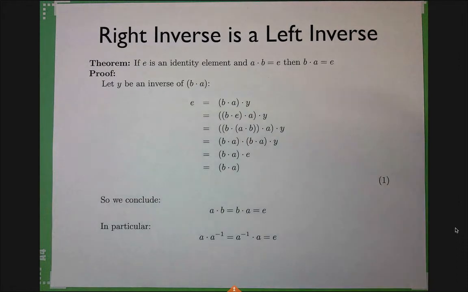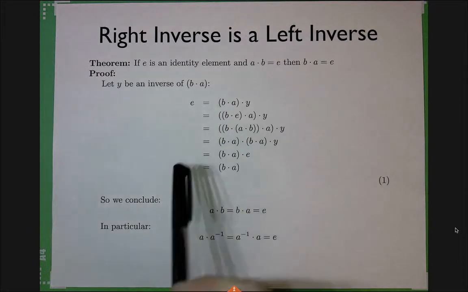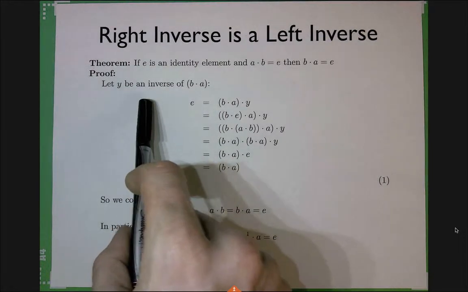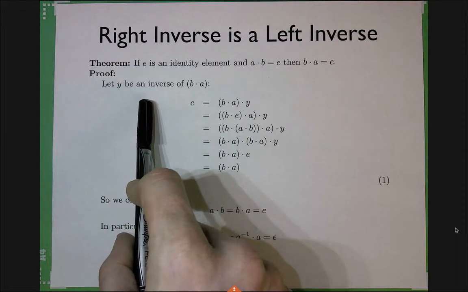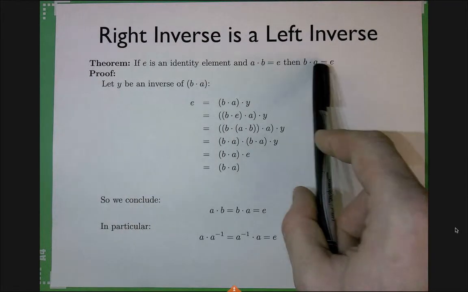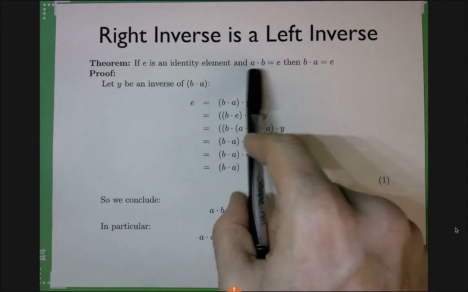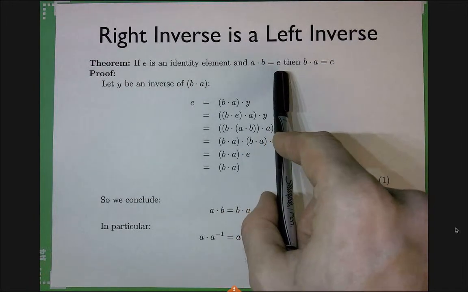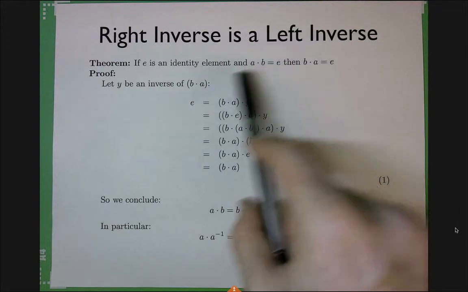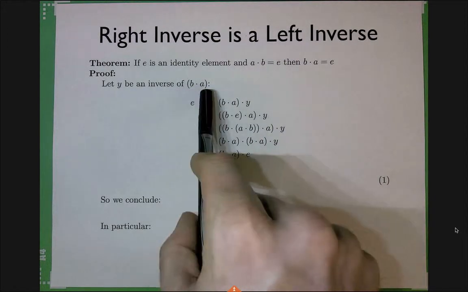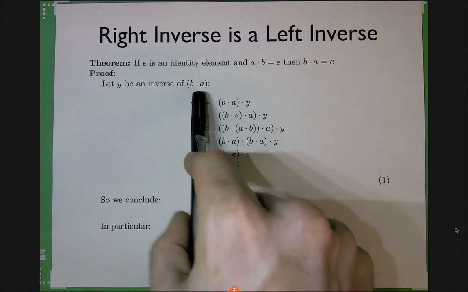So the proof, you probably had some proofs before, right? This works directly by applying the axioms of the group, the definition, the properties. I think axiom is the best word. So let's see how this works. We need to think about it a little bit carefully. What we need to prove is that B dot A will be E, right? And we know that A dot B is the identity. So B dot A is going to be some element in the group, right?